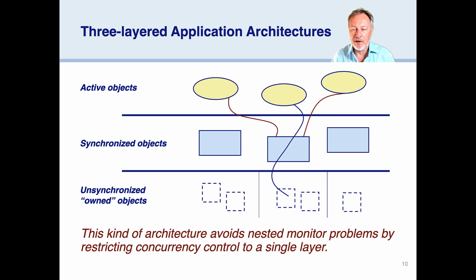This is the ownership pattern that we saw some weeks ago. And then these unsynchronized objects can, by some protocol, be passed from one synchronized object to another. As a consequence, you avoid nested monitor problems by restricting the current concurrency to just the middle layer.